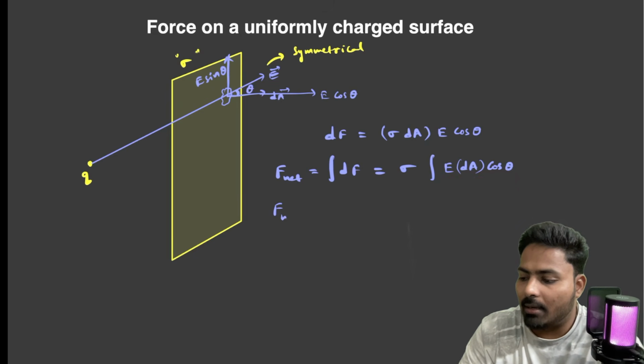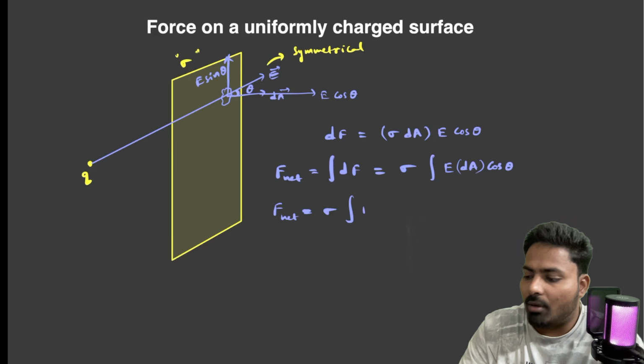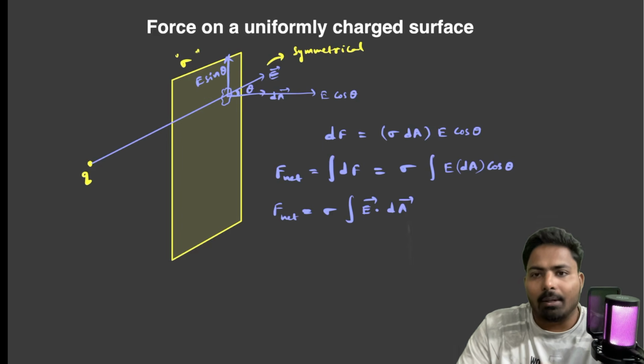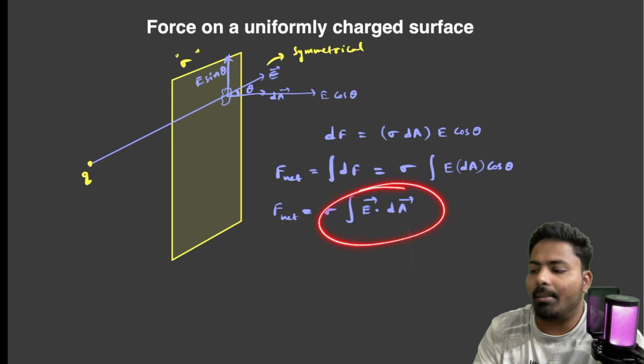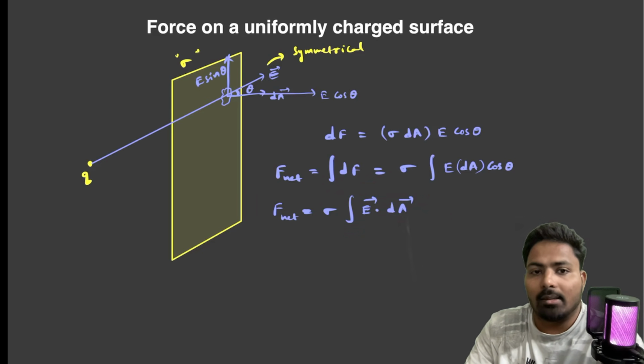So that F net can be simply written as sigma times the integration of E bar dot dA bar, right? And you guys know that this integral E bar dot dA bar is nothing but our flux.